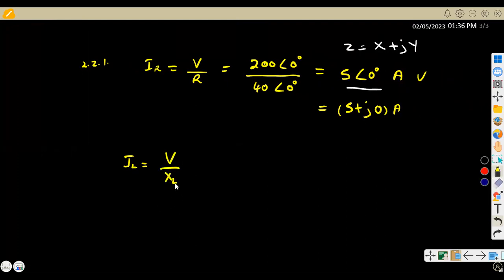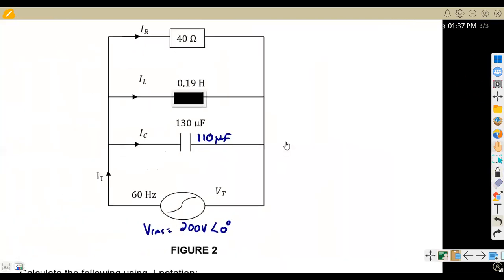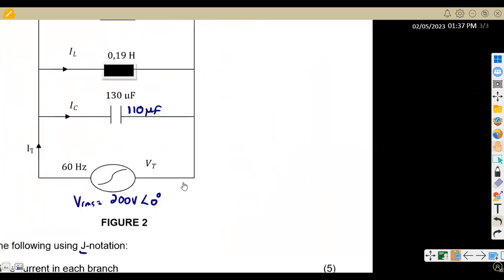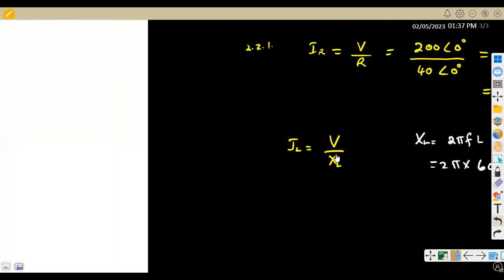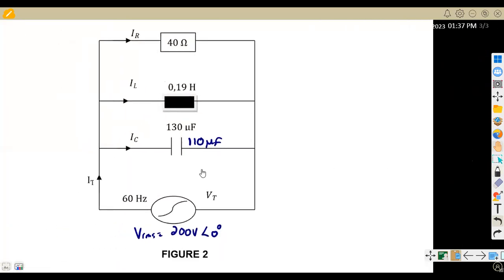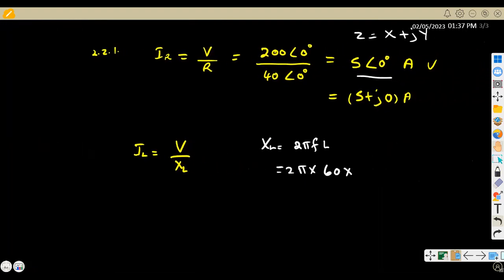Remembering that we have to calculate XL. You are given this on your formula sheet: XL is equal to 2 pi FL. That's 2 pi times the frequency, which we are given on the diagram, 60 hertz, so you multiply by 60, times the inductance L, which is 0.19.